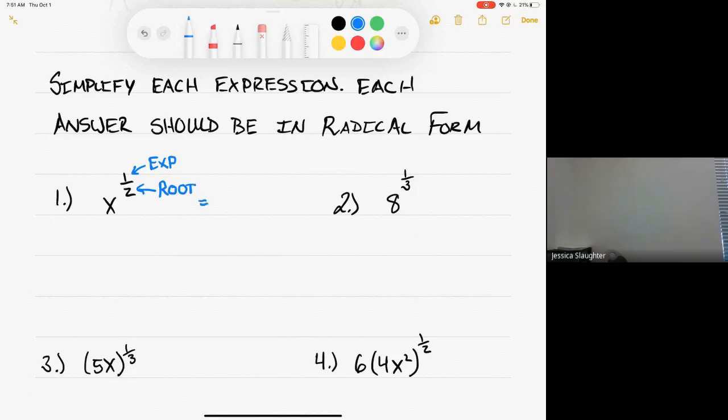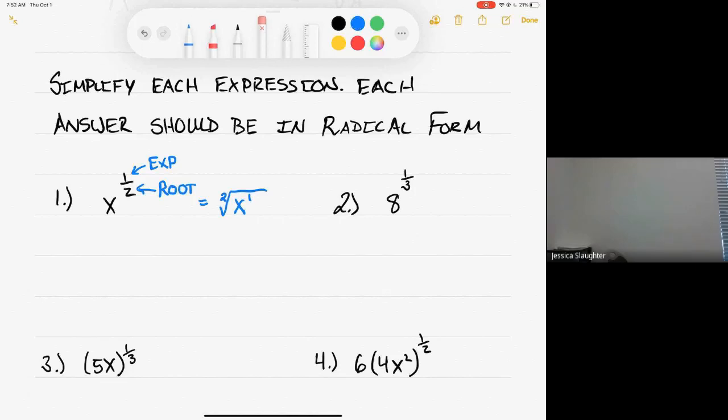So this is going to become, since 2 is the root, the square root of x raised to the first power. Can I take the square root of something raised to the first power? Do I need to have the 1 on the x?